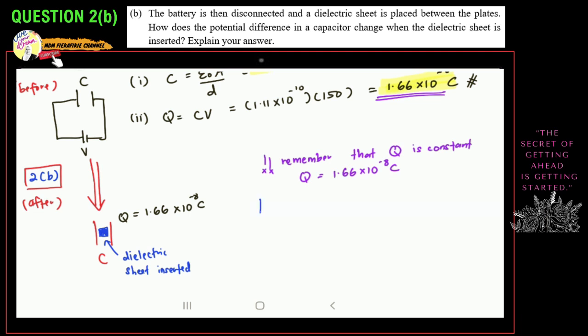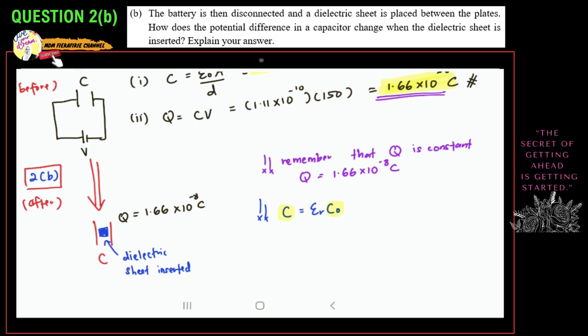Always remember the relationships between C and C0, V and V0, E and E0. In this case, C is equal to epsilon R, the permittivity of the dielectric, times C0. C0 is the capacitance of the capacitor without dielectric material, with just air. And C is the final value after we insert the dielectric material.